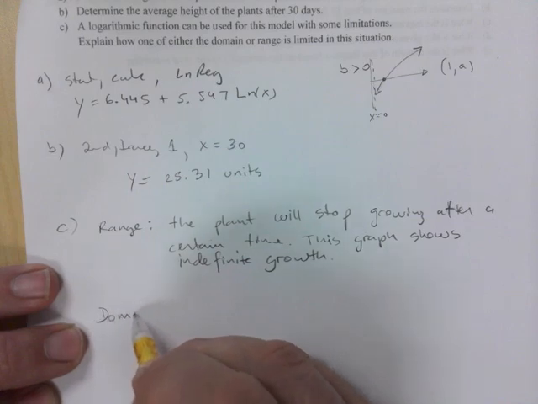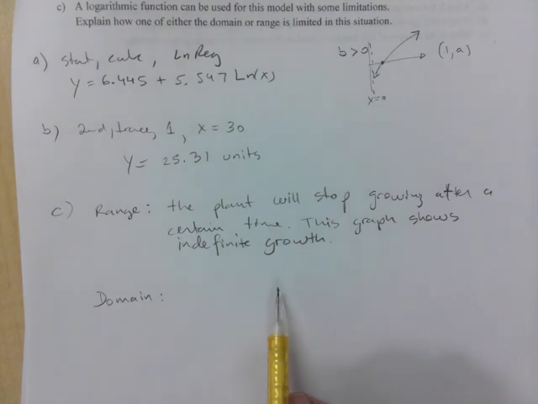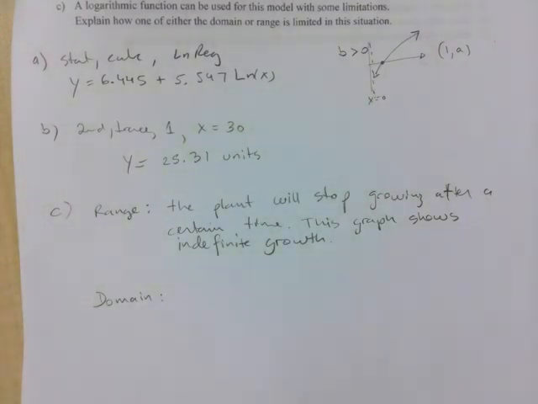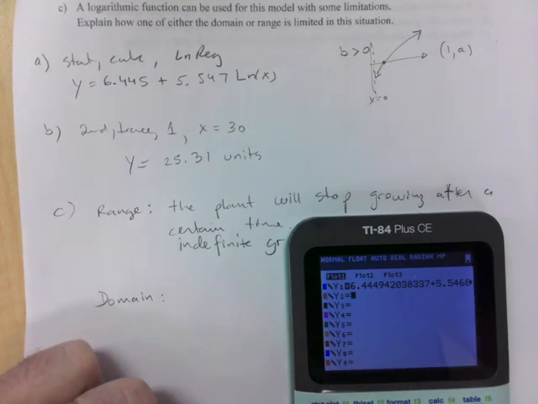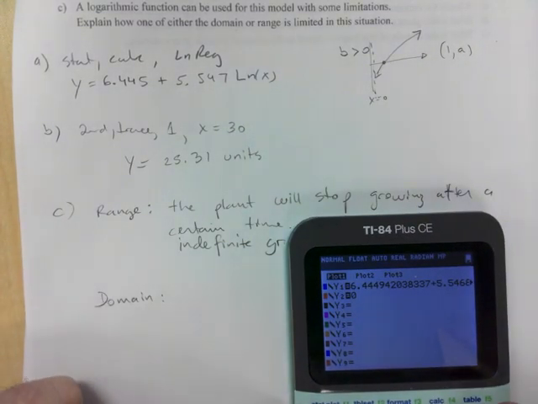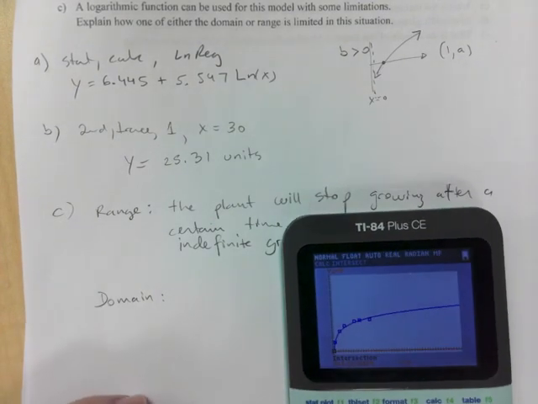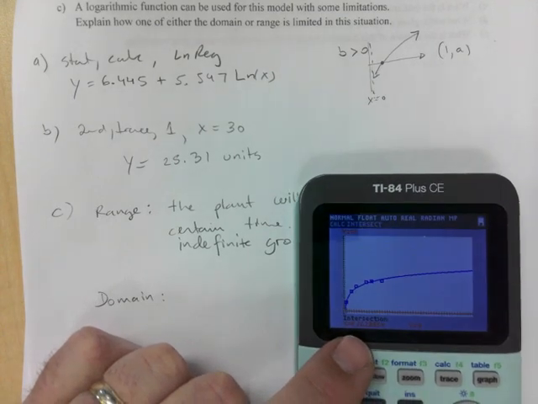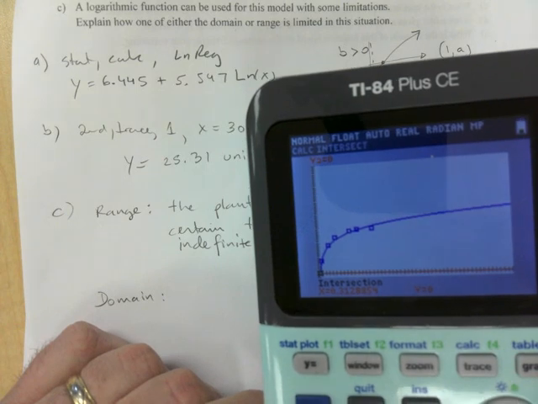When it comes to the domain, technically days can just keep on going, but you could also say that it's not realistic to assume that time is indefinite, because at some point the plant will stop growing. I'm going to focus in on my x-intercept, and that's 0.310. So I think that is acceptable.